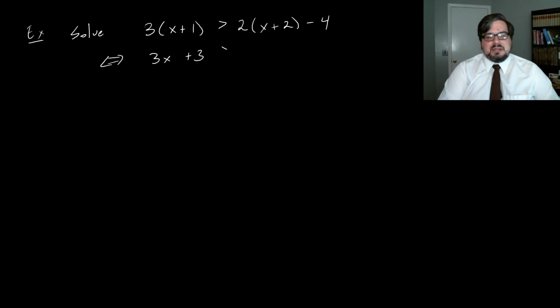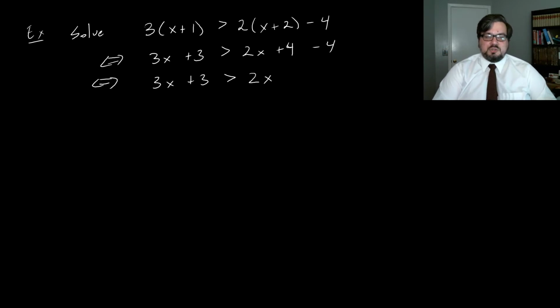The left-hand side becomes 3x plus 3. The right-hand side becomes 2x plus 4 minus 4. And then we can simplify things down even further. So we get 3x plus 3 is greater than 2x. So that worked out. We got to simplify the right-hand side a little bit.